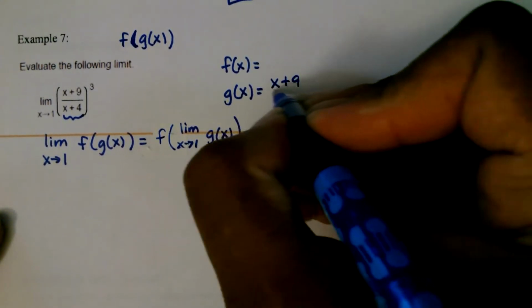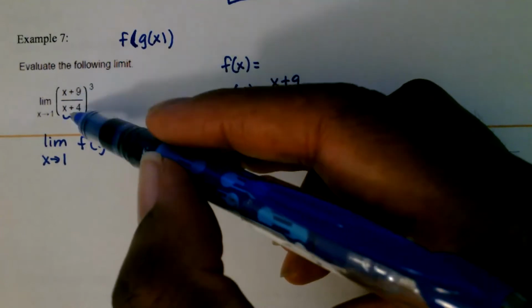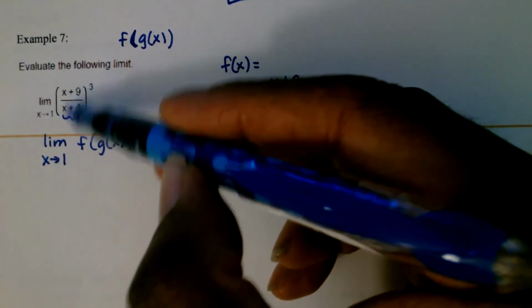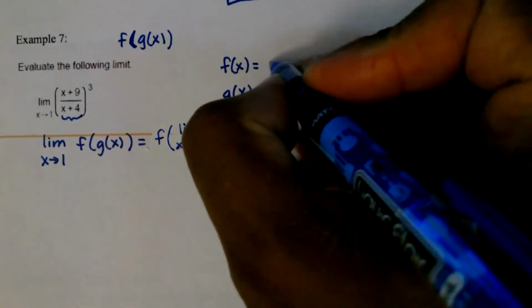Since this was put in place of x, f of x has to start off as x to the third. So f of x is x to the third.